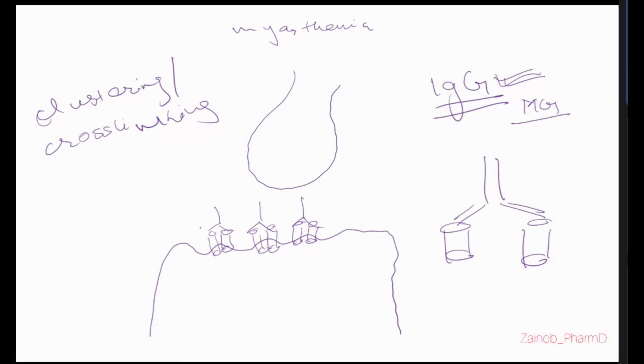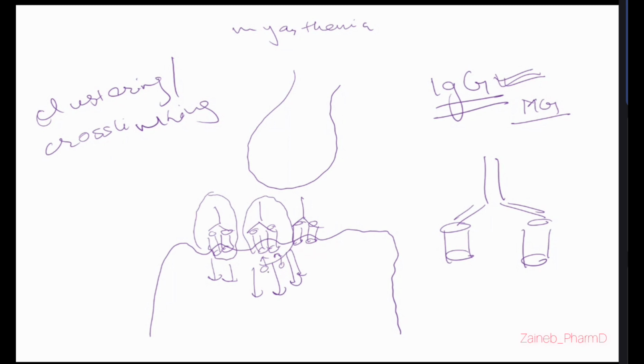Now what happens is that the cells are very smart. They are very clever. Whenever they see an abnormal protein complex, they try to internalize the complex. Now what do I mean by internalization? There are special proteins inside the membrane. They bind on the inner side of the receptor, and they try to pull the entire complex inside. Why? Because the membrane has an abnormality on its surface and it wants to heal itself.